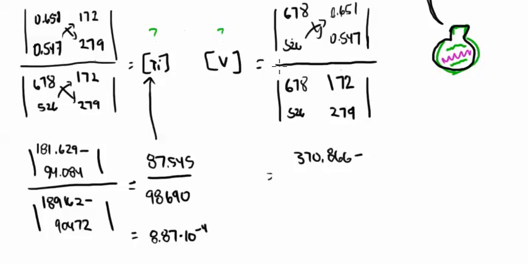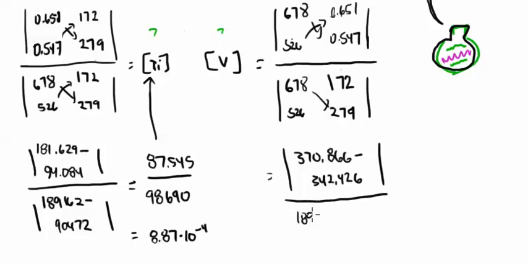This is 526 multiplied by 0.651, and you'll get 342.426. So that goes into the matrix up at the top. Down here below, 678 multiplied by 279 gives me 189,162. And then I subtract from that the other part of the determinant, 526 multiplied by 172, and that equals 90,472.